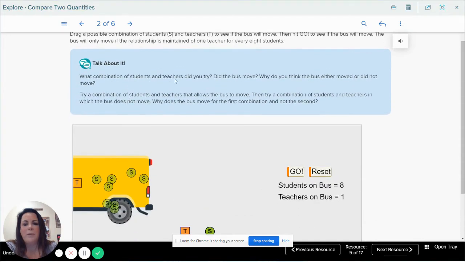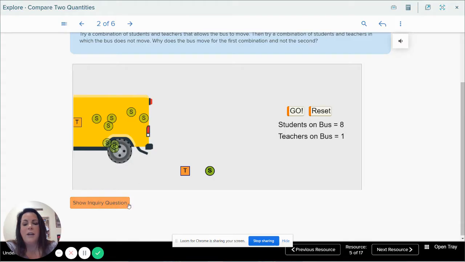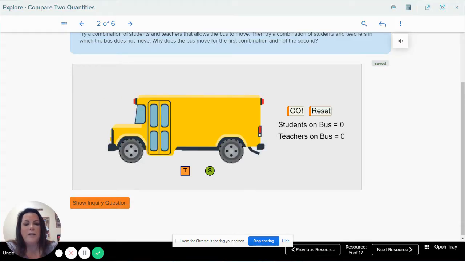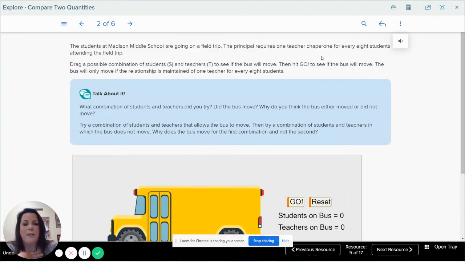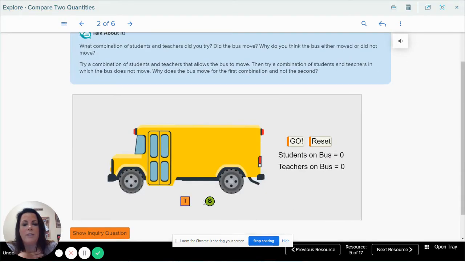We're going to drag a possible combination of students and teachers onto the bus to figure out if that ratio would work. Remember, the student-teacher ratio is 8 to 1, one teacher for every 8 students. So if I put one teacher on the bus, I would need to add 8 students: 3, 4, 5, 6, 7, and 8.